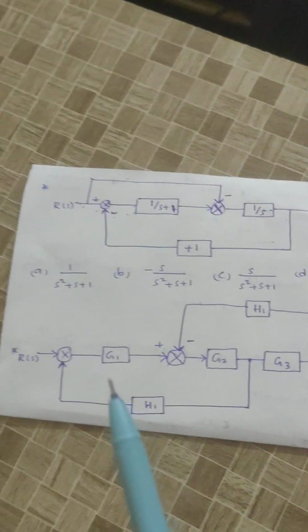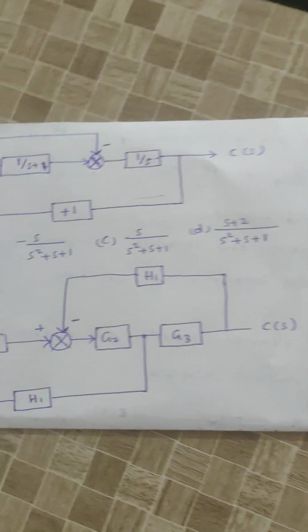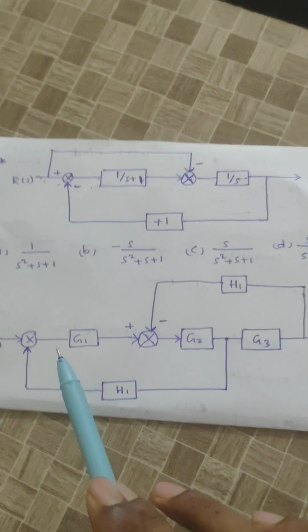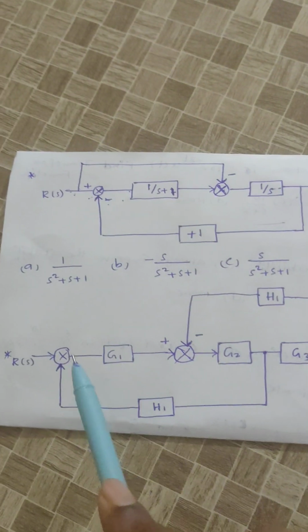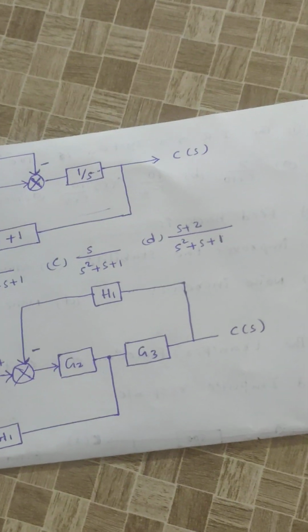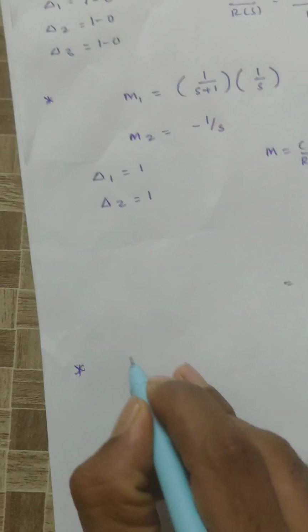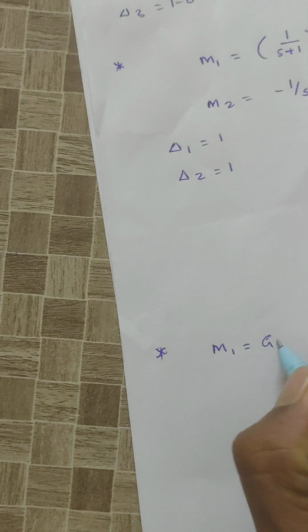Now see here, from the given figure we need to calculate again C of S by R of S, right? First identify the number of forward paths. Okay, now see here, this system is having only one forward path, that is M1 is equal to G1 G2 G3.